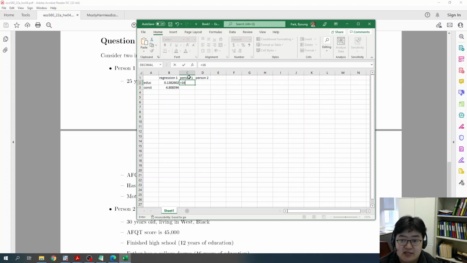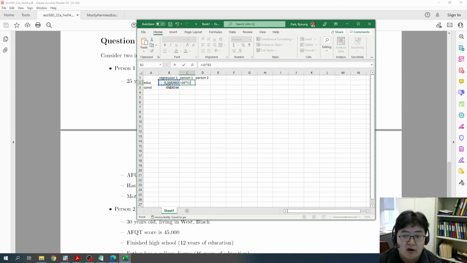Because this person has 16 years of education, this person receives a total of 16 times this coefficient in his wage. His wage, we do not have women in this data. So, 16 times the returns to education.